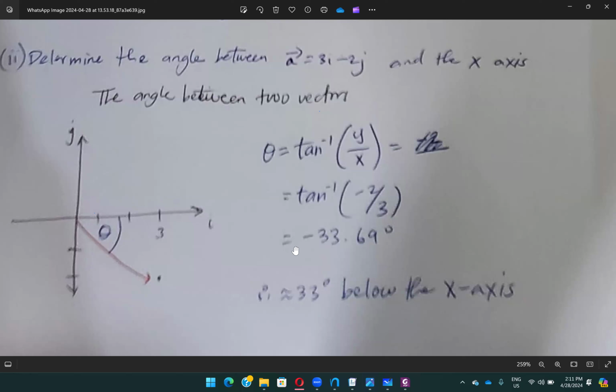If you had only 33, you would not get the answer correct. Well, depending on how CAPE wants to clarify it, right? Because it's important that the direction that it is, because it could have been 33 above, but you're clarifying that it's 33 degrees below.